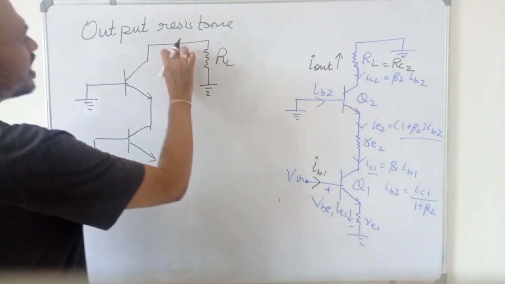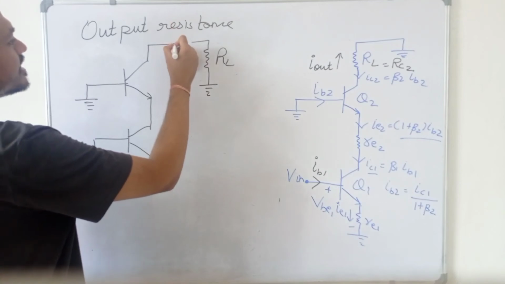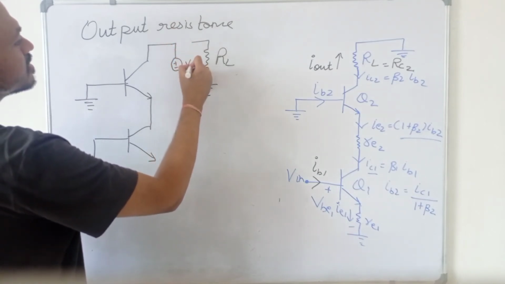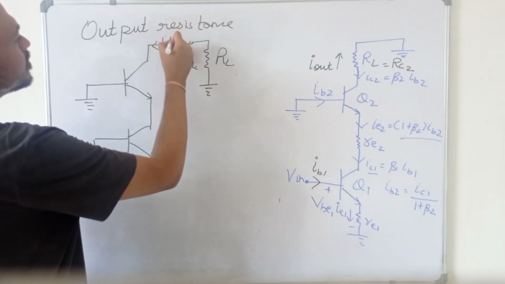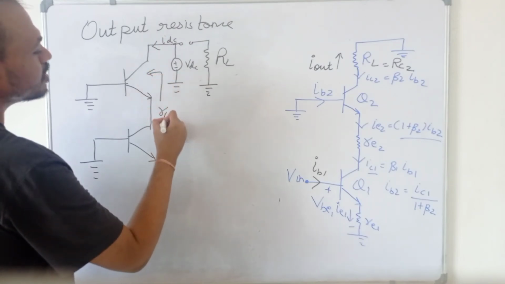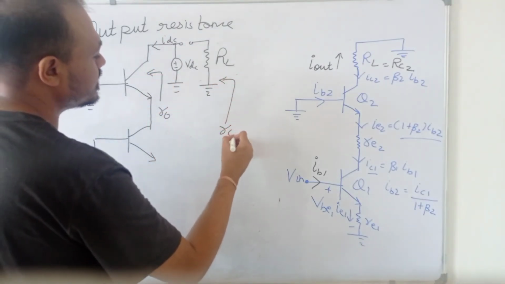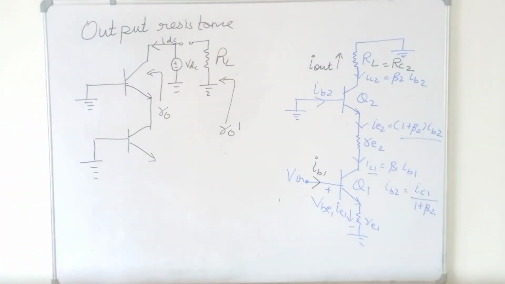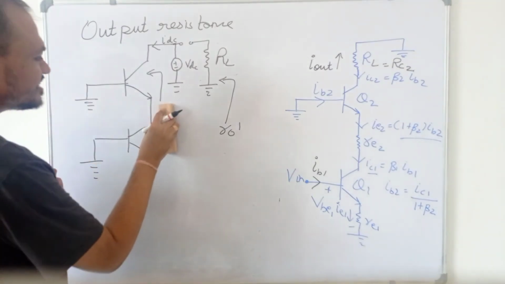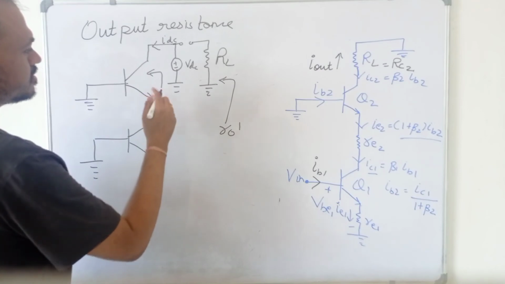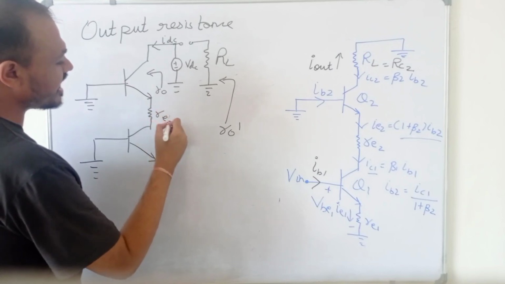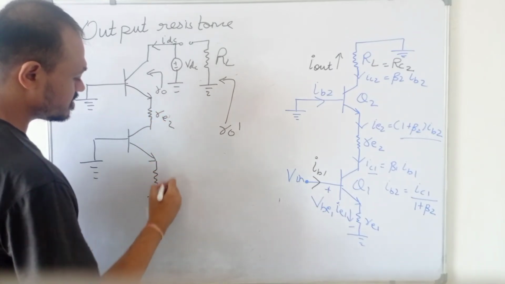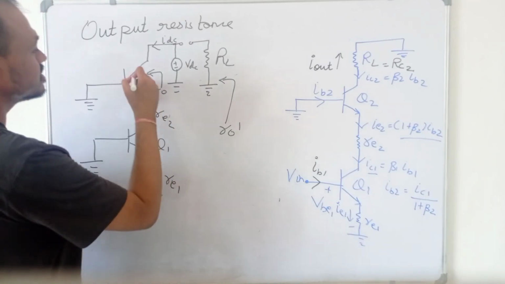Then we apply a VDC, a DC voltage source, at the output. IDC current will flow here. So this will be R naught and this will be R naught dash. In this way we will find the output resistance. Obviously there will be emitter resistances here: this is Re2, this is Re1, this is Q1, this is Q2.